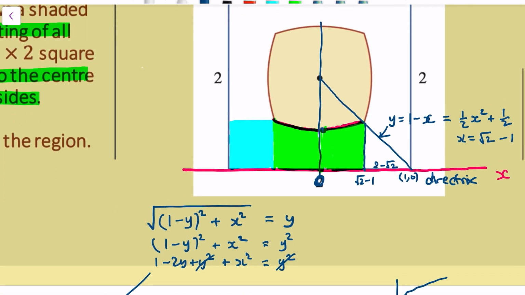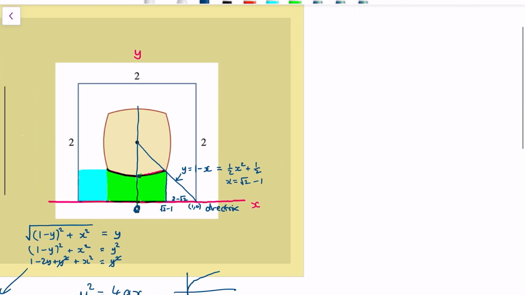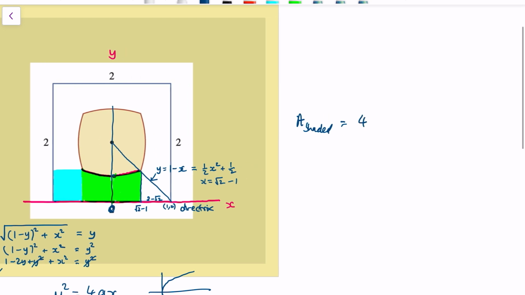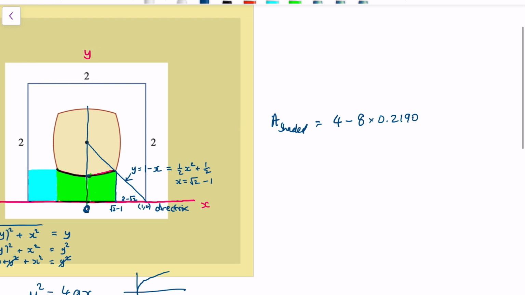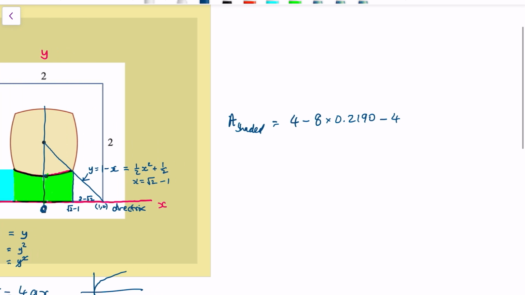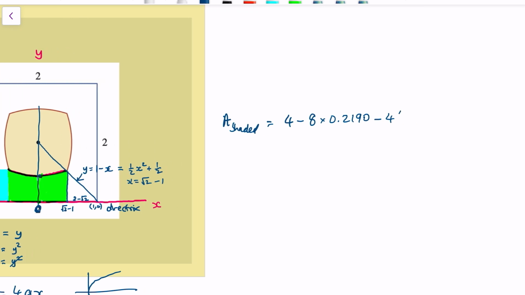And then we're taking that off the big square. So the total area of the shaded region is the total square 4 minus 8 lots of what we just found. I'll just work with the decimal format. Minus 4 corners, 4 squares of 2 minus root 2 all squared.